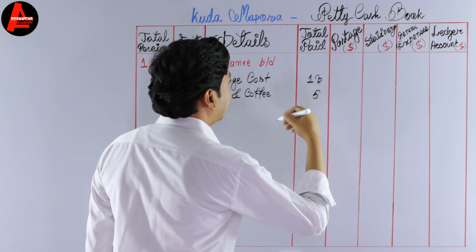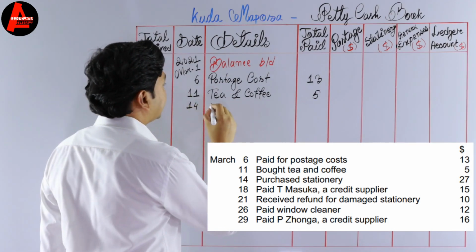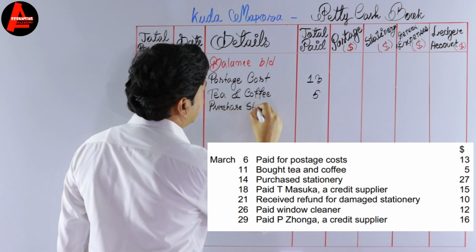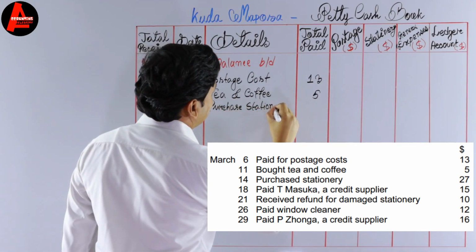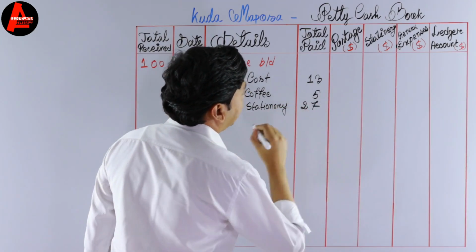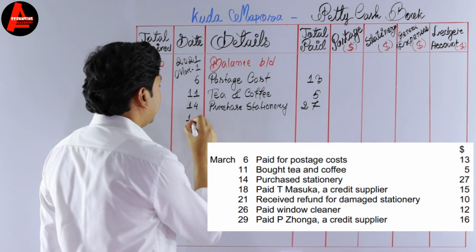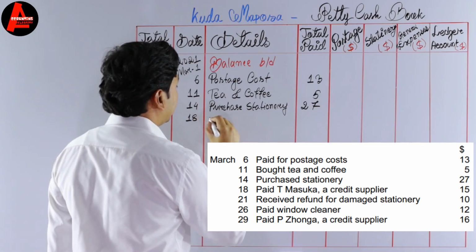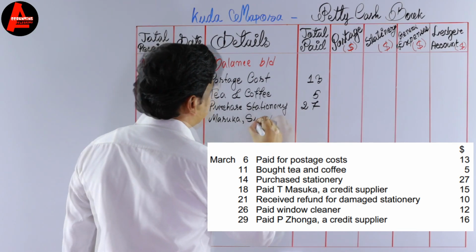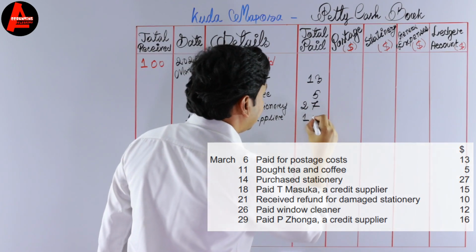Next we have March 14, purchase stationery, $27. Next we have March 18, Masuka, supplier, the amount is $15.